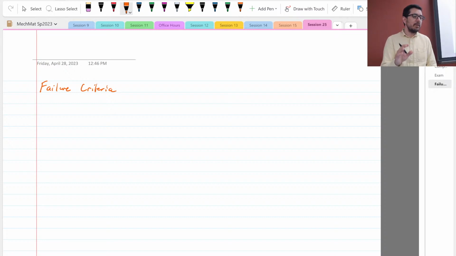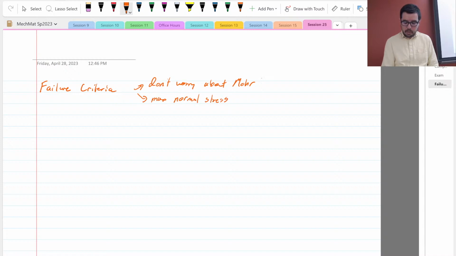Don't worry about Mohr's. But definitely know max stress or max normal stress, because these are criteria for brittle materials.